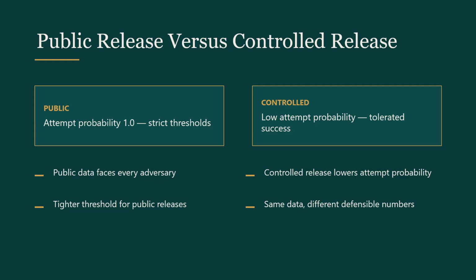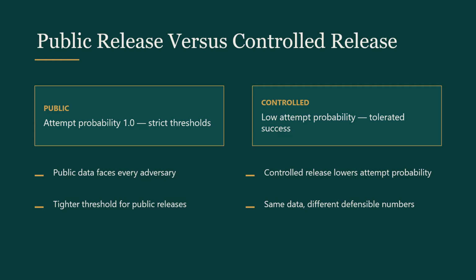A maximum risk of 0.20 appears in practice for tightly controlled environments, precisely because the overall product, attempt times success, stays very small. Recall the arithmetic from the last video. 1.0 times 0.09 gives 0.09, while 0.05 times 0.20 gives 0.01, so the looser-looking release is the safer one overall.